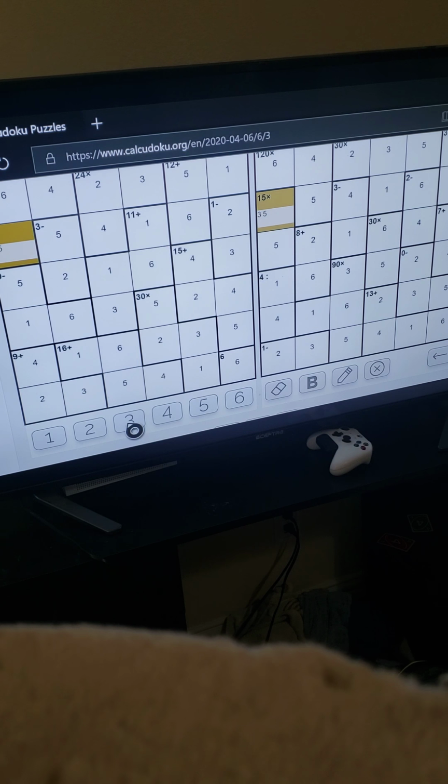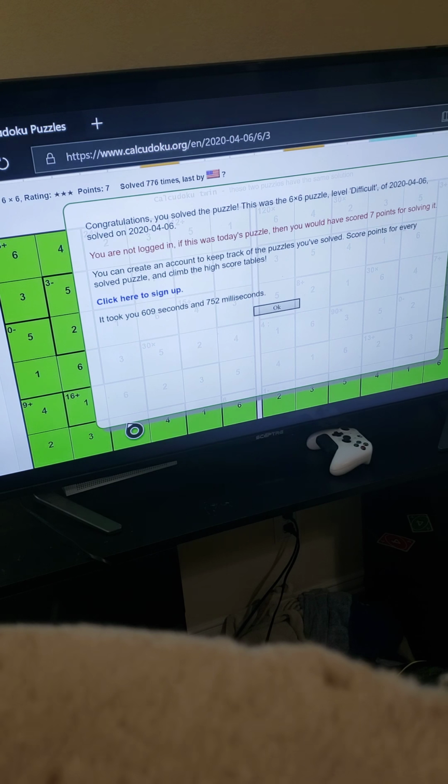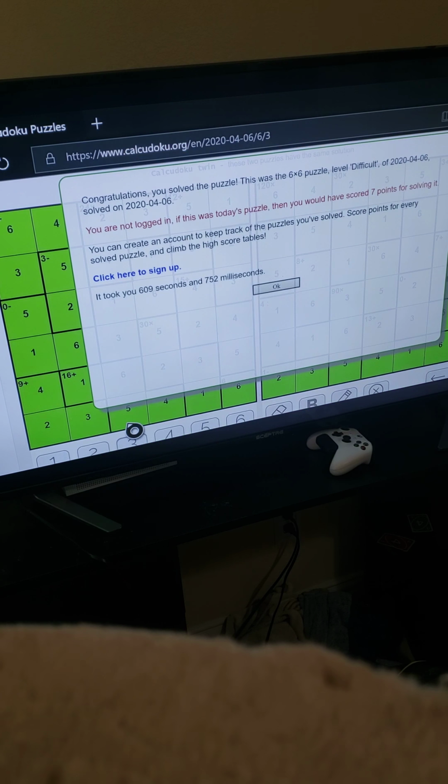Oh, I didn't even fill that in. And there you go, that's how you solve the difficult 6x6 twin puzzle.